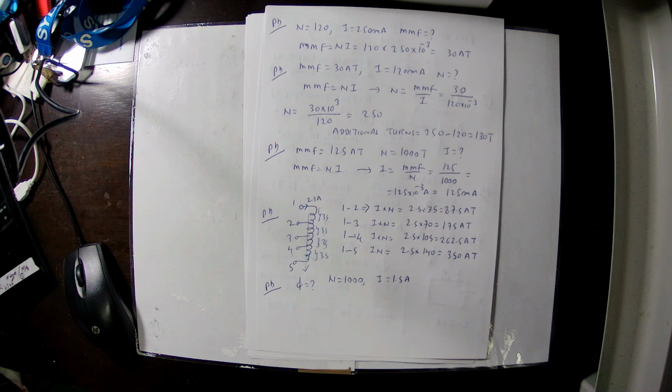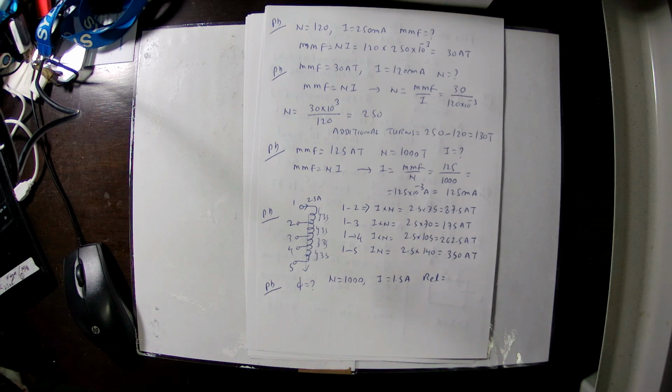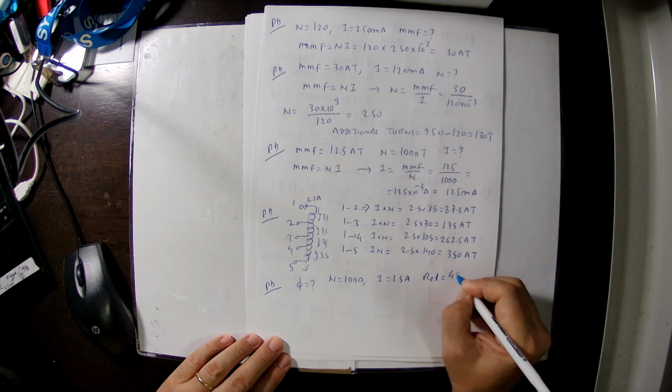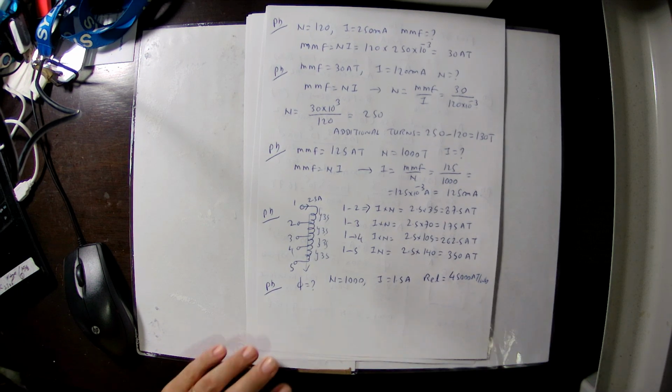The reluctance is equal to 45000 ampere turns per weber. This is the given data.